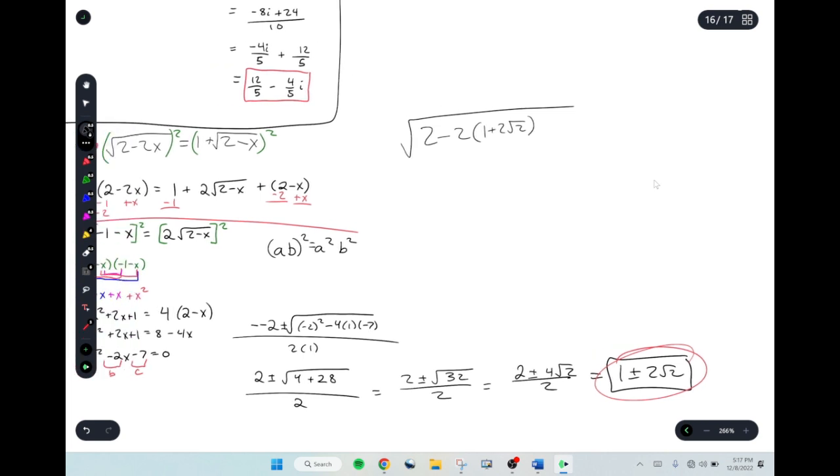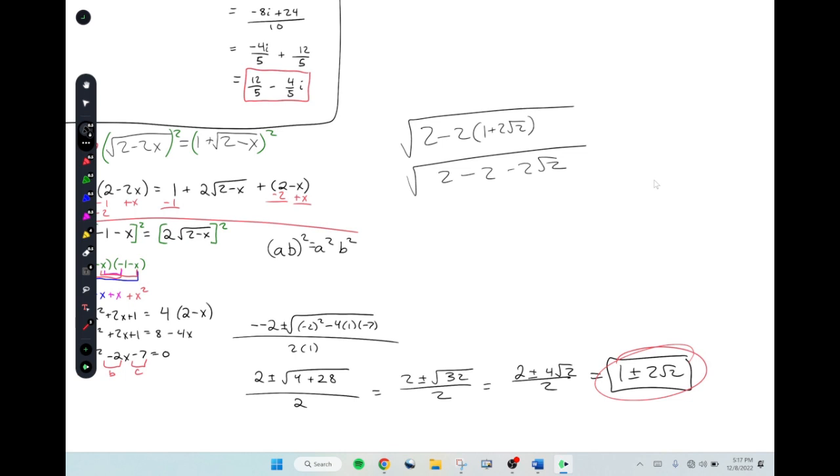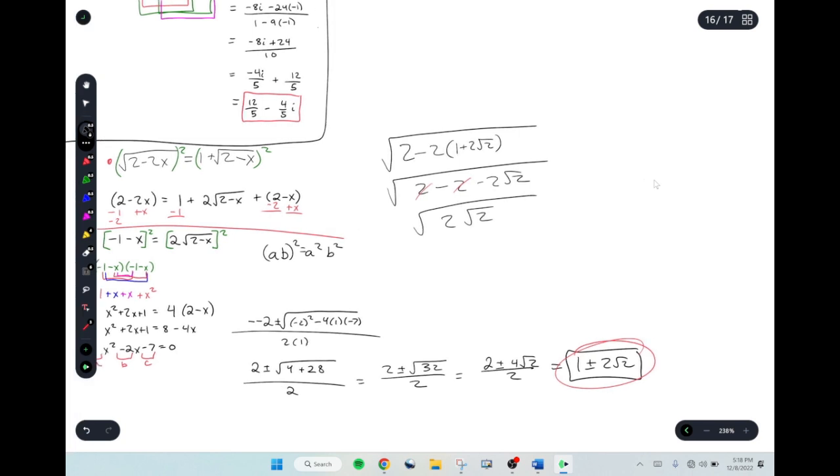That really doesn't get rid of that square root nicely, though. 2 minus 2 minus 2 root 2. Oh, yeah, it does, because the 2's cancel right there. Wait, we don't like the square root of that. Oh, but we don't need to know what it is, do we?